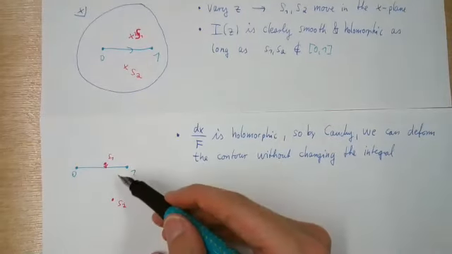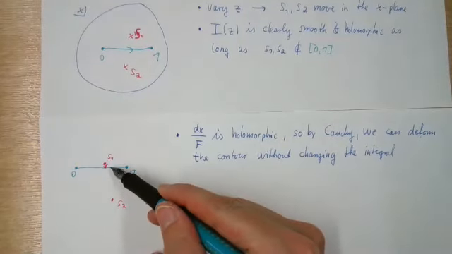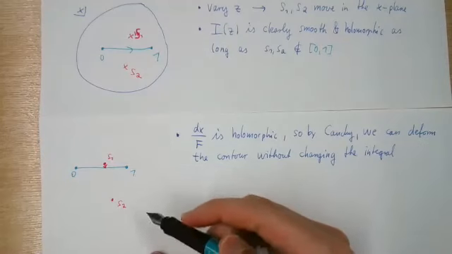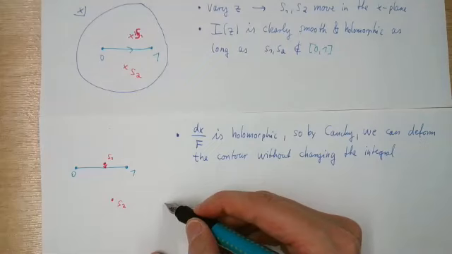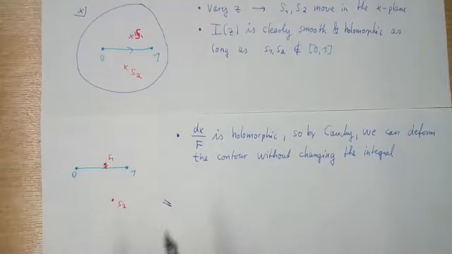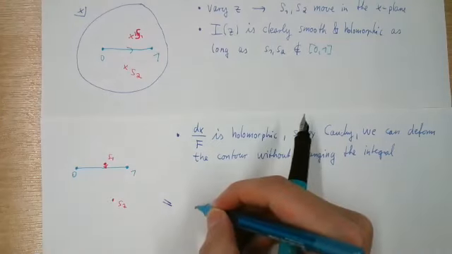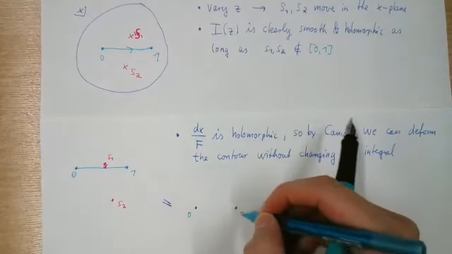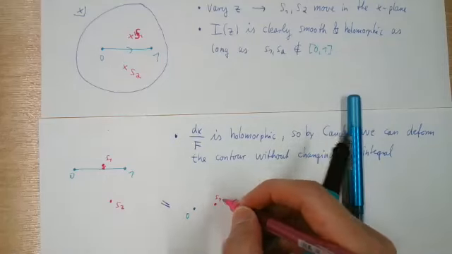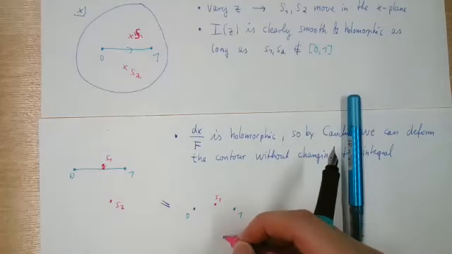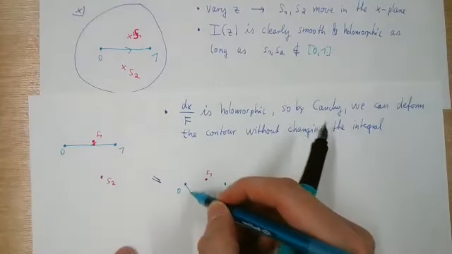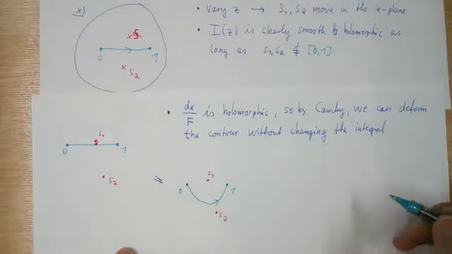So if you're computing the integral at a position where S1 is very close to the blue line like this, you know that actually the integral is the same. So I'm in the same configuration: I have 0 and 1, and I have this S1, which is very close from above to the real line. But the integral stays the same even if you move the integration path like this.